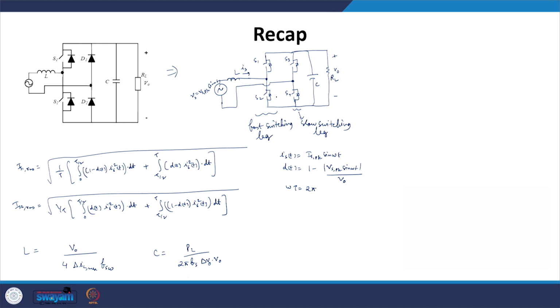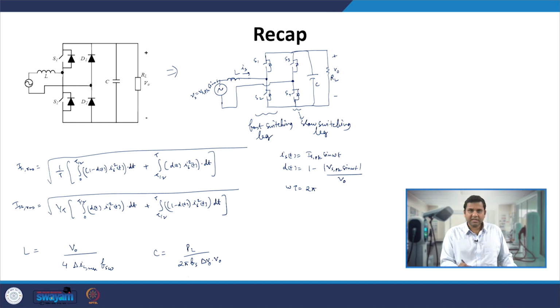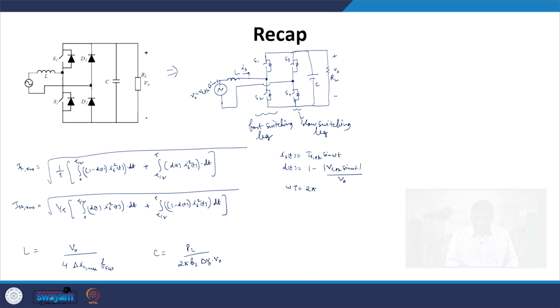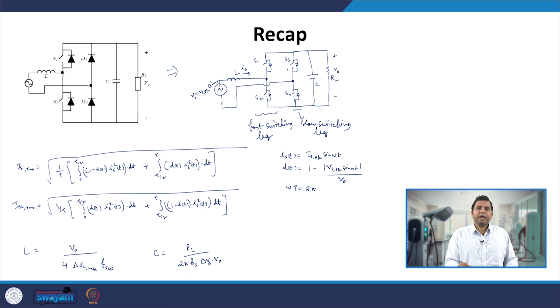We can also use switches having a freewheeling diode, or the body diode if we use a MOSFET. So we can realize this converter with 4 switches, where S1 and S2 switch at a high switching frequency FSW, which is much higher than the line frequency, while S3 and S4 are switched only once in a line cycle.